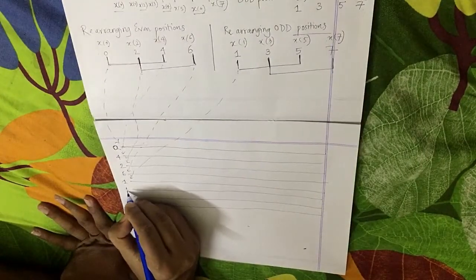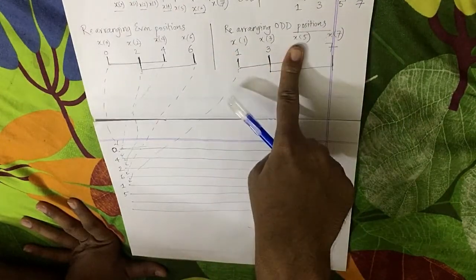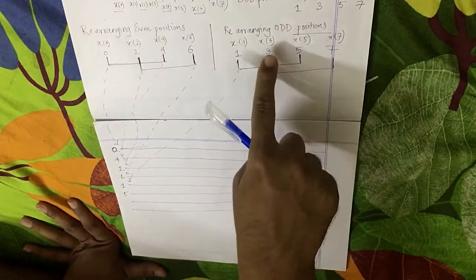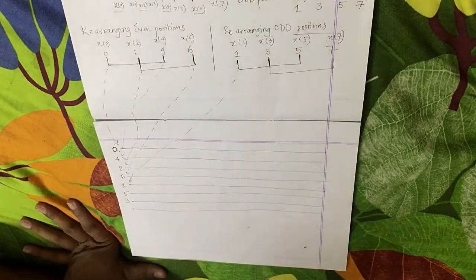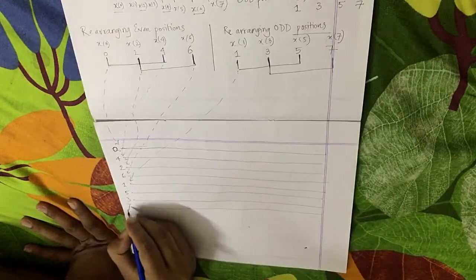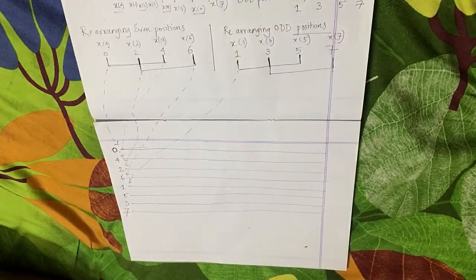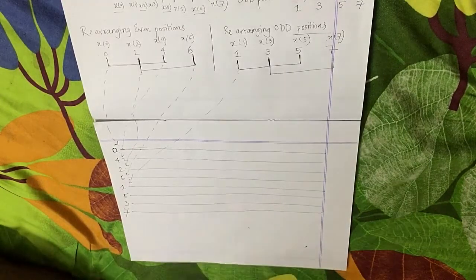So that's why I'm writing 5 here. Once we have written this 1 and 5 pair, we start off with this 3 underneath that one. After 3, we have to write down this 7. Fine. This part is done.